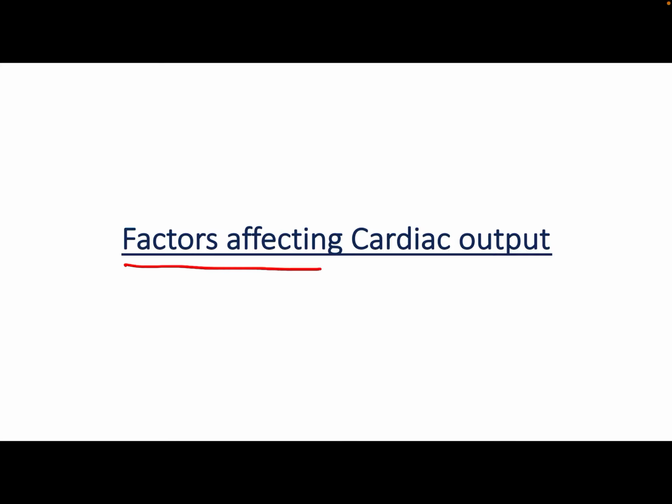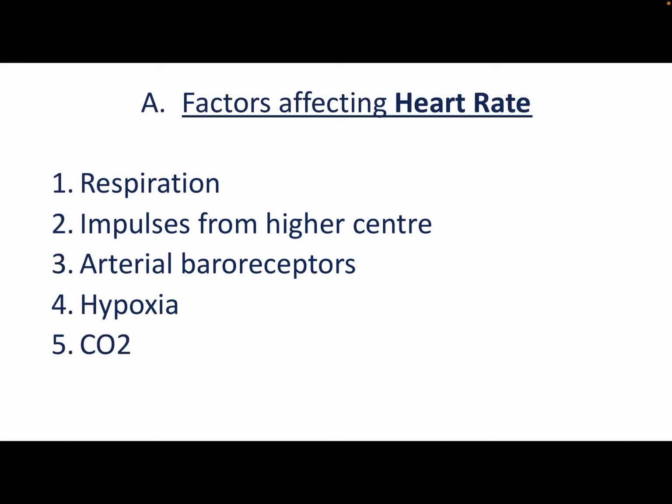Now factors affecting cardiac output. The formula for the cardiac output is heart rate multiplied with the stroke volume. So whatever factors affect heart rate will affect the cardiac output, and factors which affect stroke volume will also affect the cardiac output. First we will see factors affecting heart rate. The first one is the respiration.